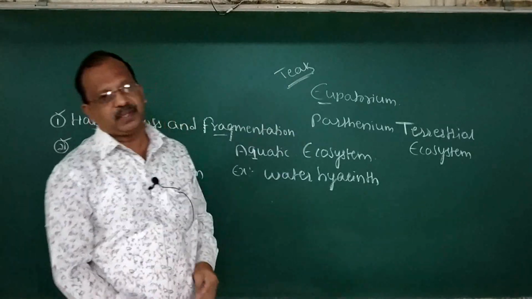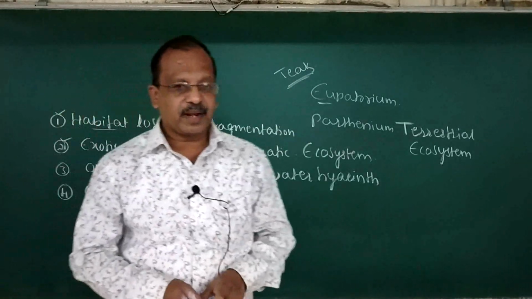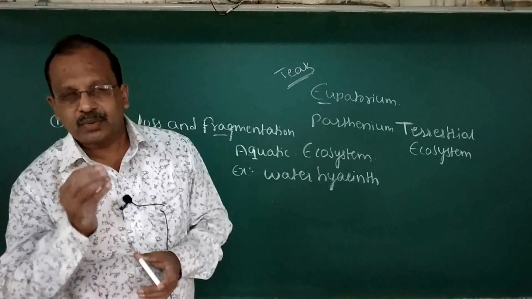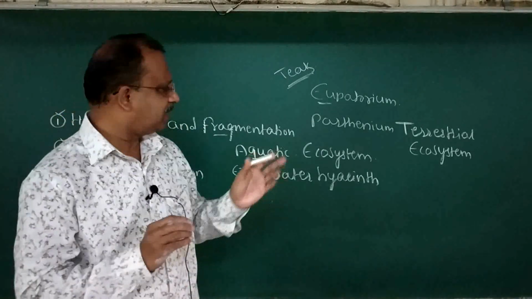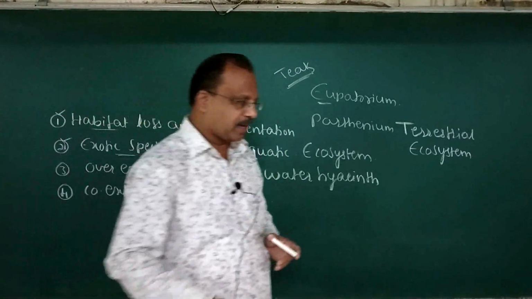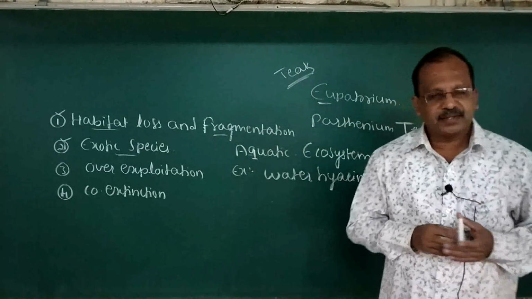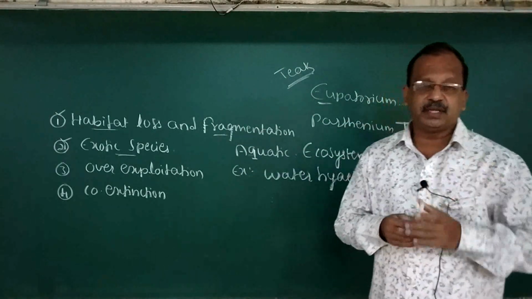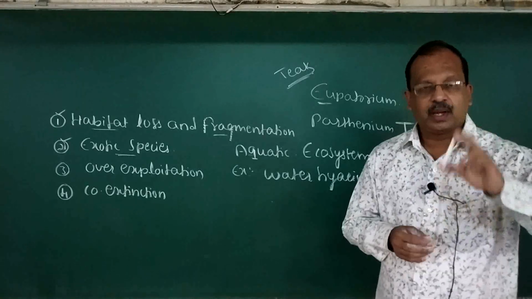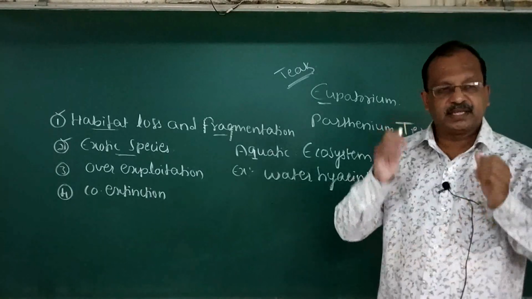Same way, Parthenium, it is commonly called carrot grass, or you can call it Congress plant. It has entered India along with the wheat, which I already covered in the first chapter.